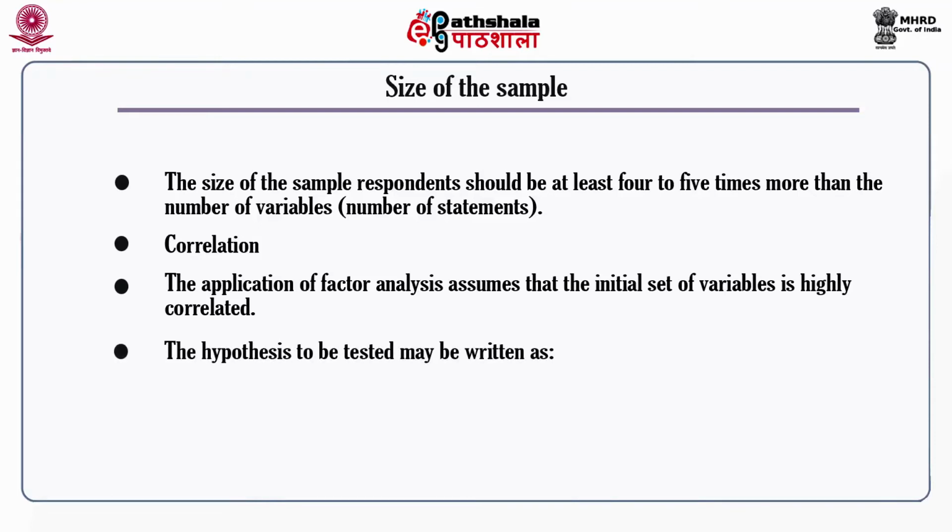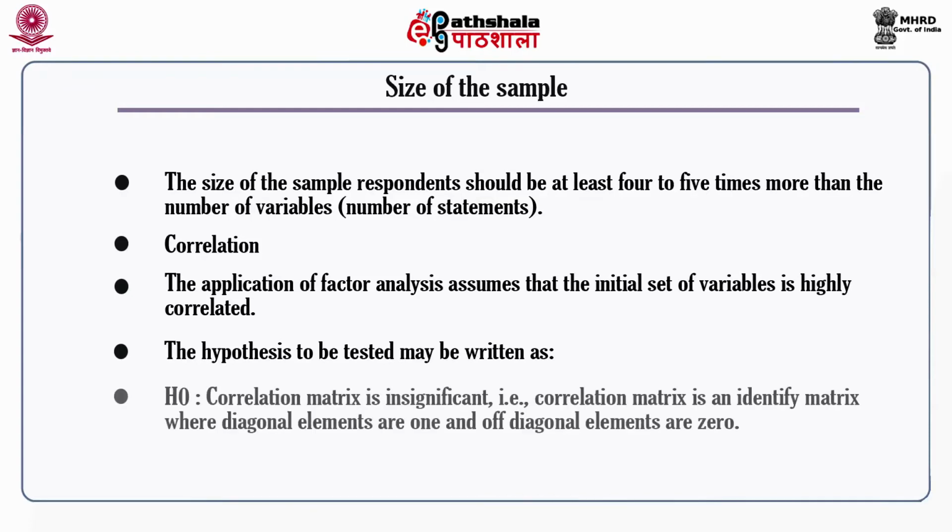The hypothesis to be tested may be written as null hypothesis, correlation matrix is insignificant. That is, the correlation matrix is an identity matrix where diagonal elements are 1 and off diagonal elements are 0. Alternative hypothesis is correlation matrix is significant.